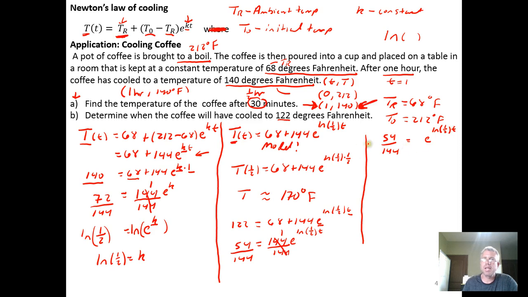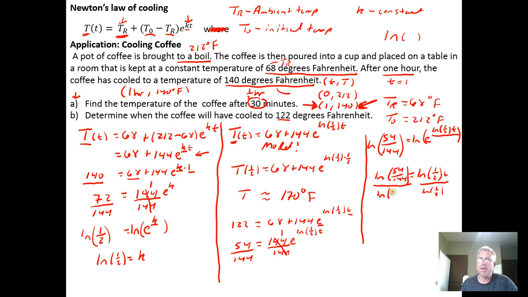And now I'm going to take the natural log of both sides, which is going to leave me with the natural log of 54 over 144 on the left hand side. This natural log will cancel this e, which will kick down the exponent, which is the natural log of 1/2 times time, and then we divide both sides by the natural log of 1/2 to get the t by itself.